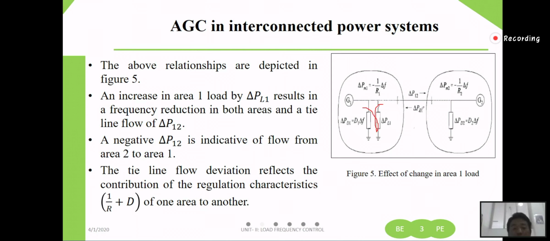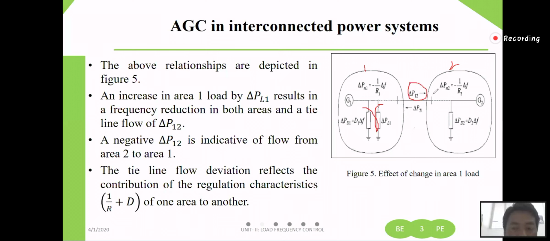So it results in frequency reduction in both areas, and the tie line power flow del P12 will also be reduced. So if there is an increase in load in area 1 by del P L1, it will result in frequency reduction in area 1 as well as area 2, and the tie line flow del P12, which is flowing from area 1 to 2, will also reduce.